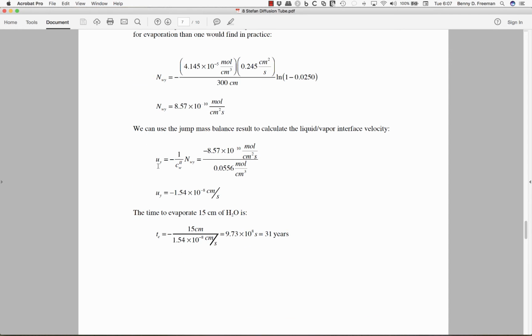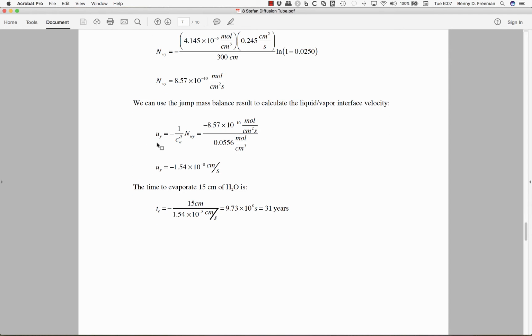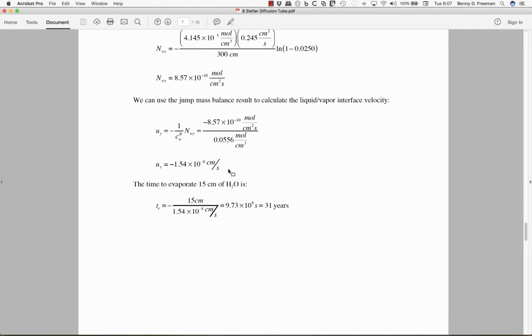We can use the jump mass balance then to calculate the rate at which the liquid-vapor interface goes down, and it's on the order of fractions of a micron per second. The time to evaporate 15 centimeters of water will be the 15 centimeters divided by the rate at which the water level is decreasing with time, and it gives a result that is somewhat over 30 years.